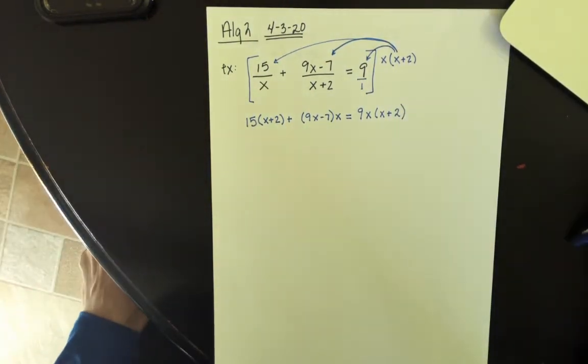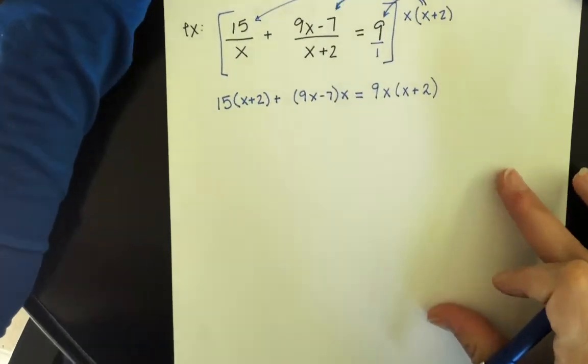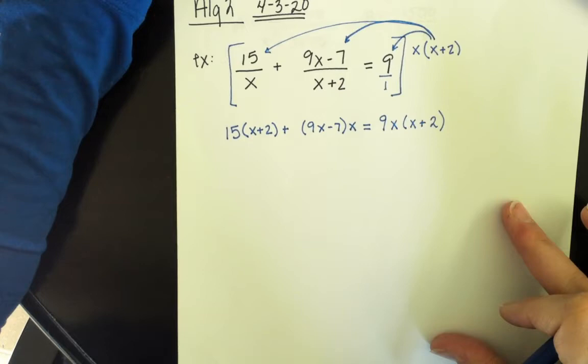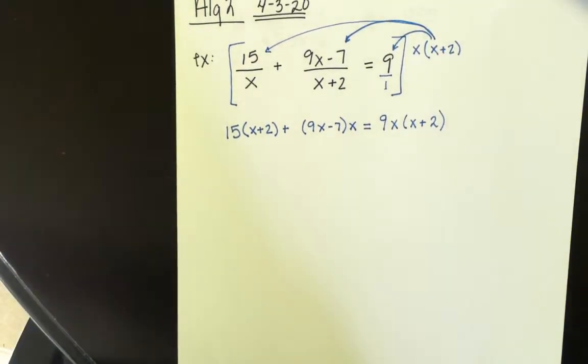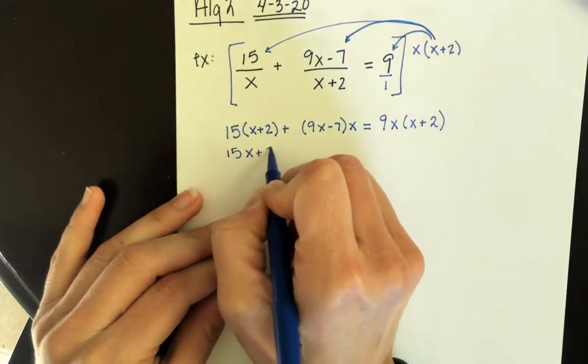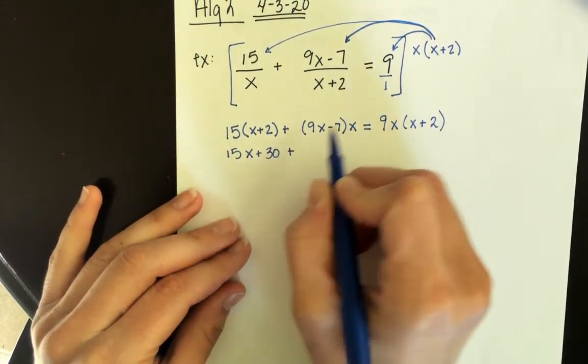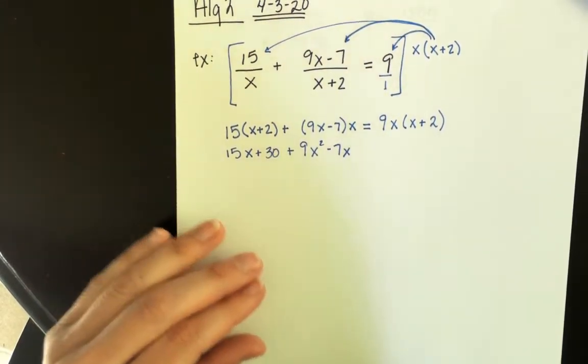So in this case, what we're looking at is, again, what looks like a possible quadratic. So I'm going to distribute through here, and we end up with 15x plus 30 plus 9x squared minus 7x.